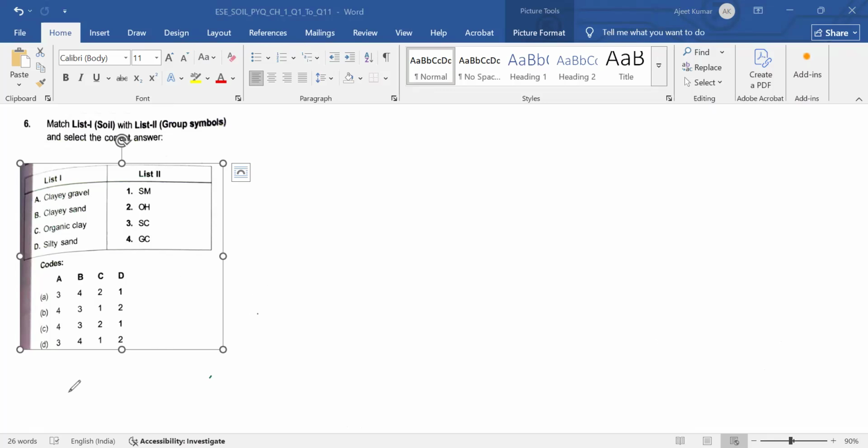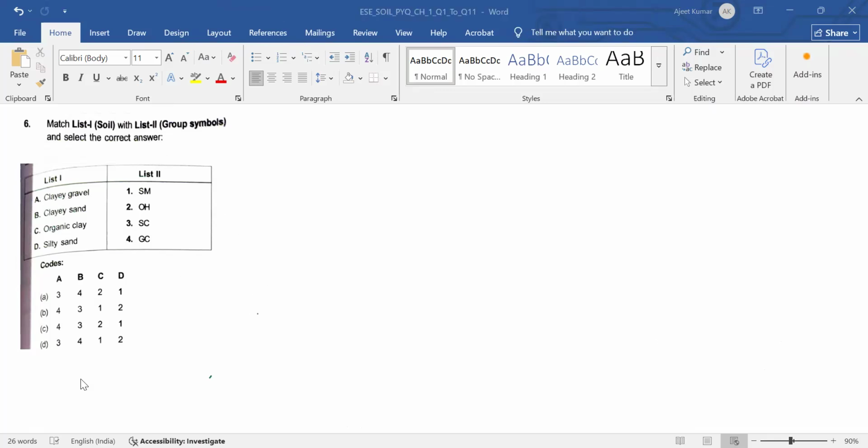Match list 1 soil and list 2 group symbol and select the correct answer. So first is clay gravel. GC is for clay gravel, so A is 4. Clay sand is SC, so B is 3.